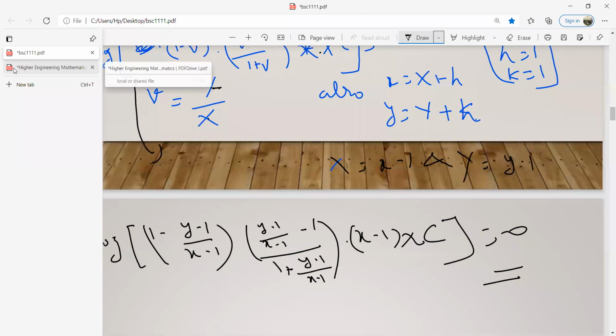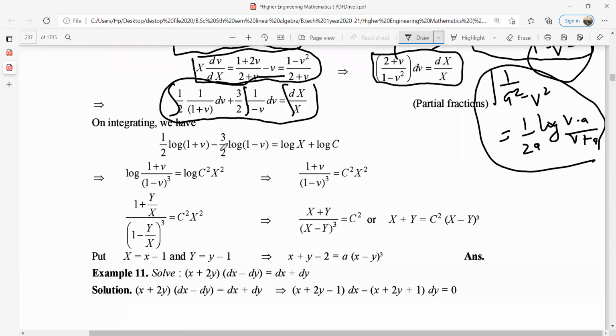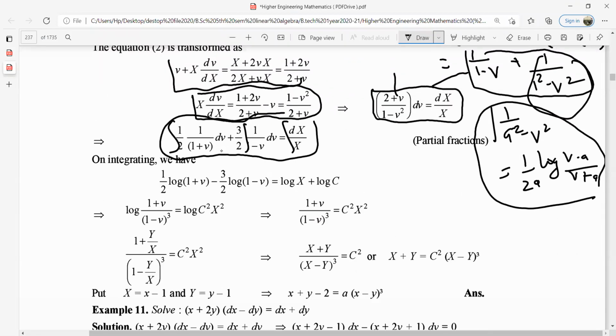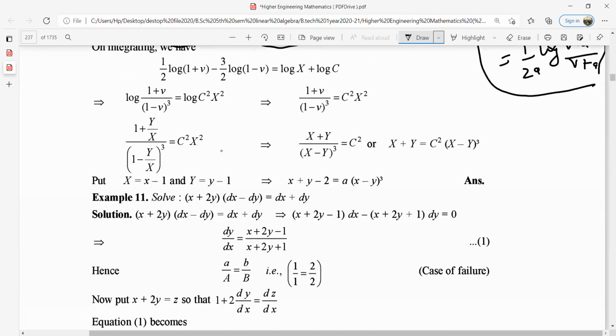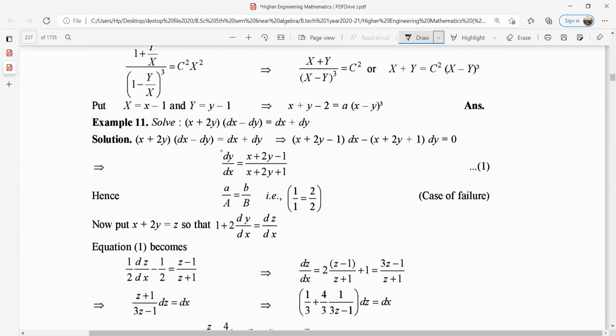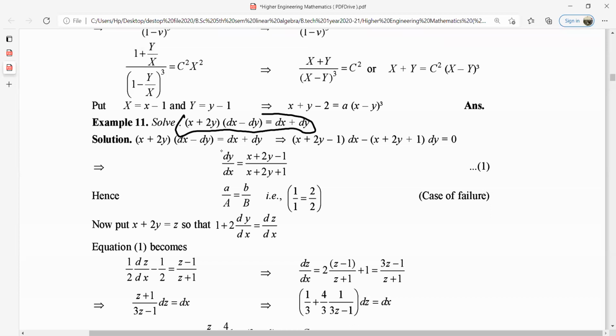Now I'm just going to another question. I think there are some mistakes here, so that's why I'm solving it. The second equation is this. Again, rewrite this equation because the given differential equation is not in the form.